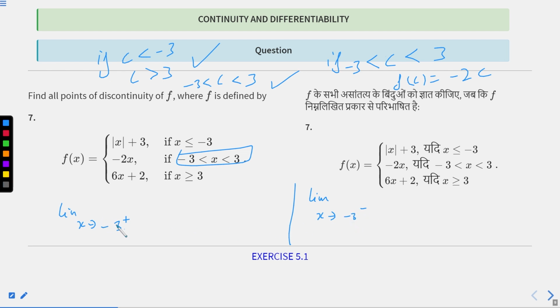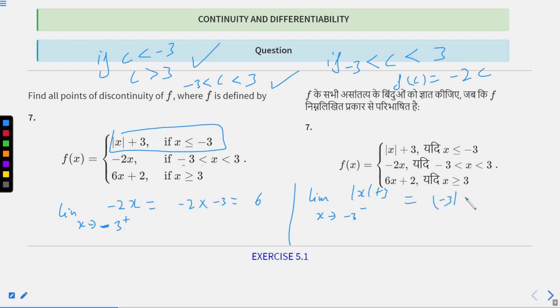From the right hand side, you are approaching minus 3 from the right, so you have to choose this function, which will be 2x minus 3, just 6. From the left hand side approach, you have mod x plus 3, which means mod of minus 3 plus 3, which is 3 plus 3, means 6. Okay, so far so good.